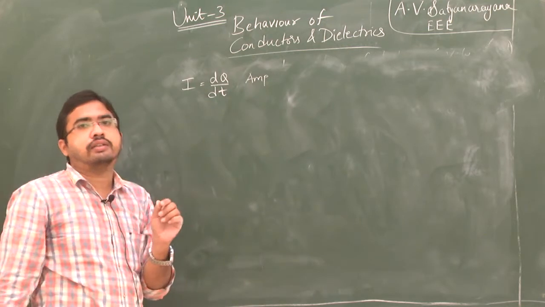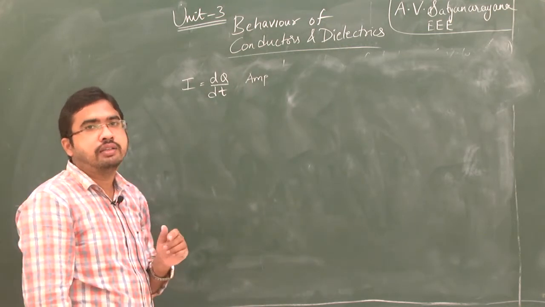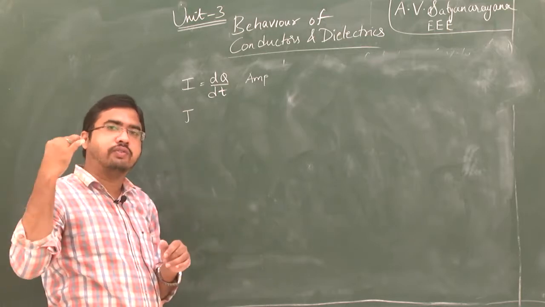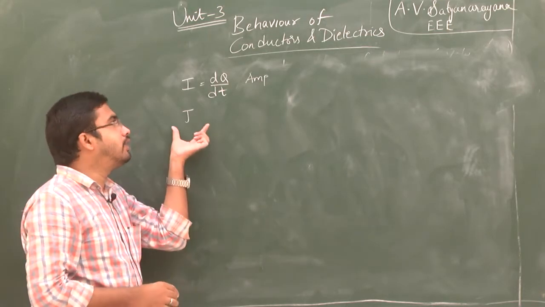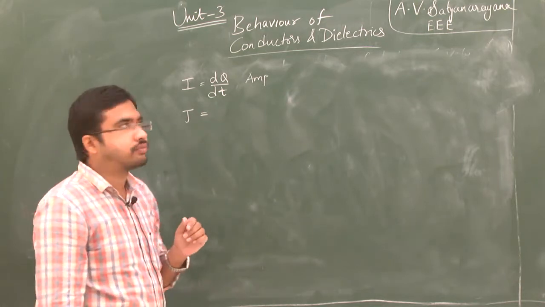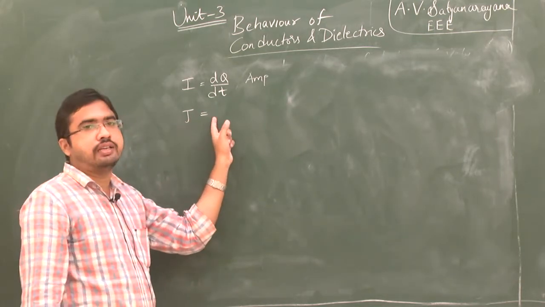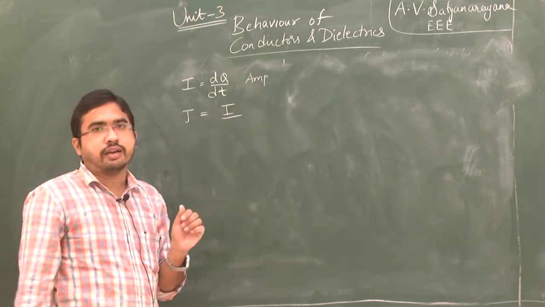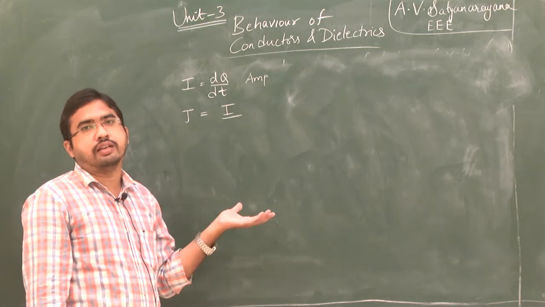What about the current density J bar? J bar is expressed in vector form. But if we consider only magnitude, what is this current density J? Current density J is given as the current flowing in a conductor per unit surface area.